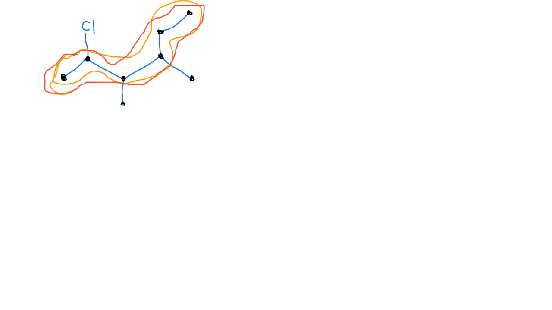So anything that's not part of the longest carbon chain, of course, is going to be a branch, a substituent. So we have this is a branch, this is a branch, and this is a branch. This one carbon branch on the bottom here is going to be a methyl, and this is going to be a methyl, and this is going to be a chloro.